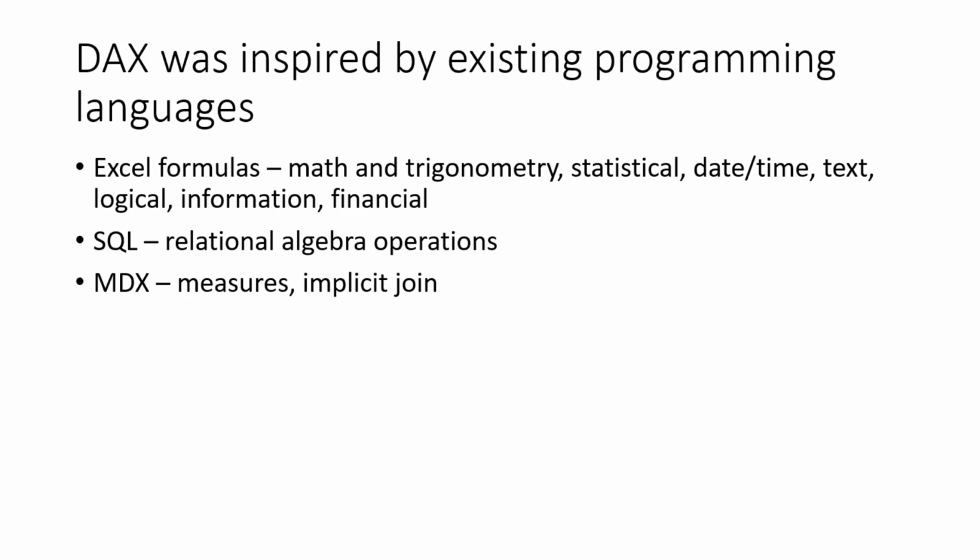You may have heard of one-directional cross-filtering, bi-directional cross-filtering, many-to-one relationships, one-to-one relationships, and many-to-many relationships. You only create those in the model, and then when you go to the report, you can just drag and drop. The reason it just magically works is because all the joins are implicit.